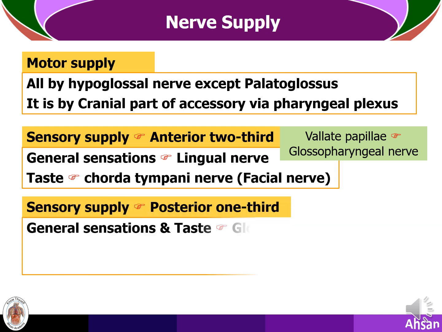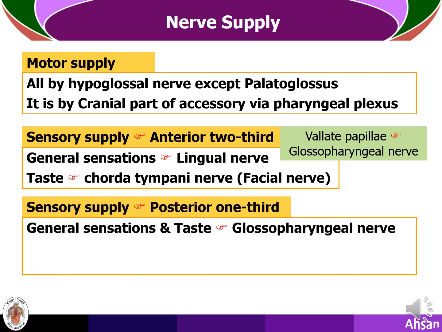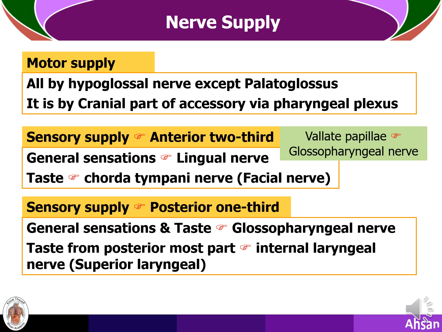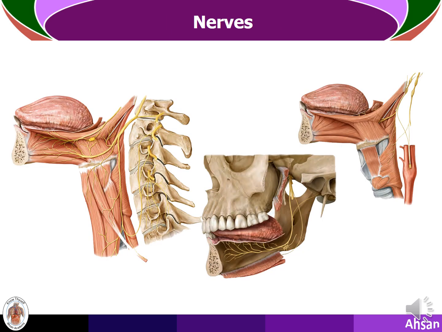In the posterior part, the sensory supply, both general sense and taste, is from the glossopharyngeal nerve, and it also includes the vallate papillae nerve supply. And taste of the posterior-most part is taken by the internal laryngeal nerve, a branch of the superior laryngeal nerve.